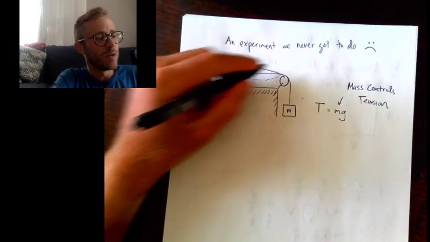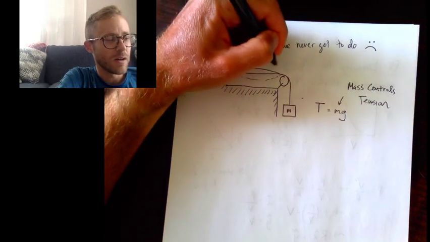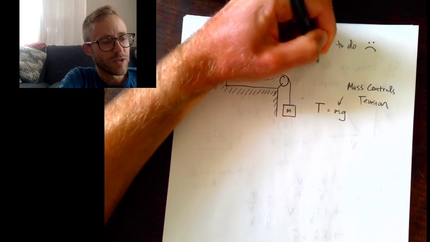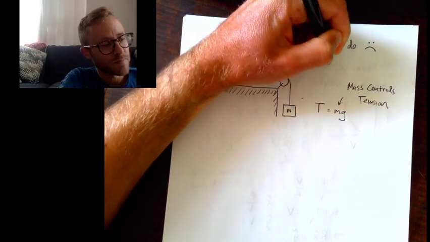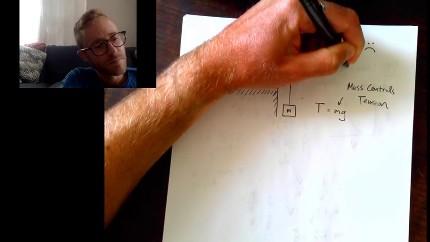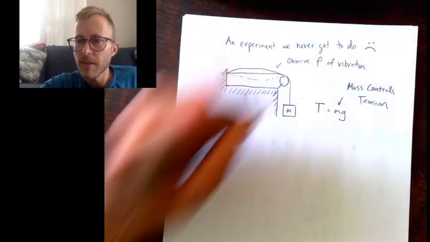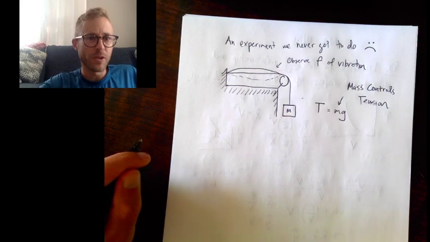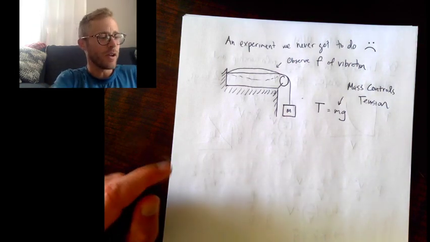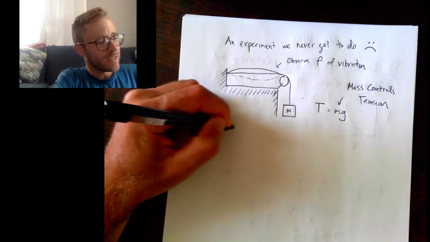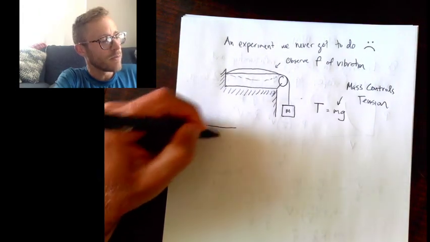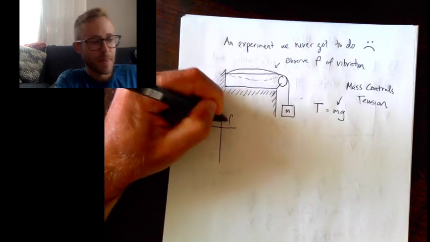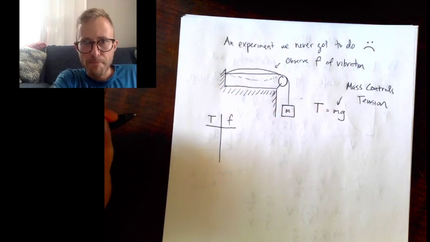So we would basically observe the frequency of vibration. And so we could make a data table of tension versus frequency, okay?